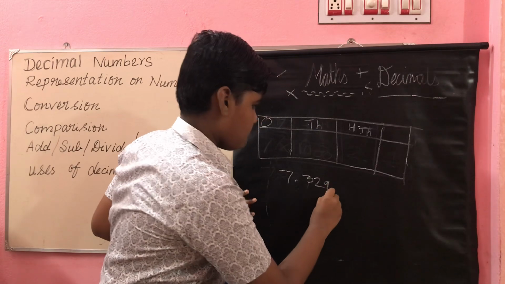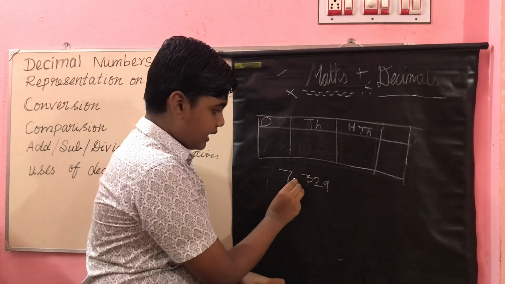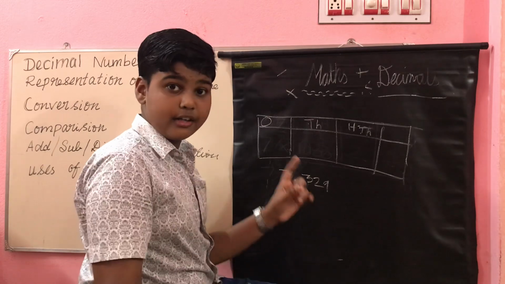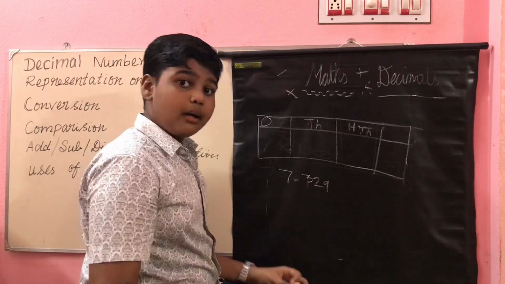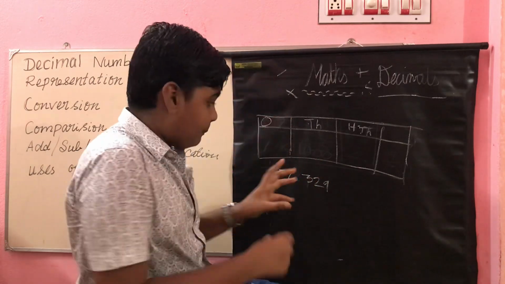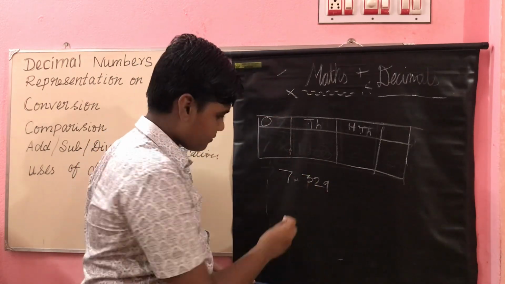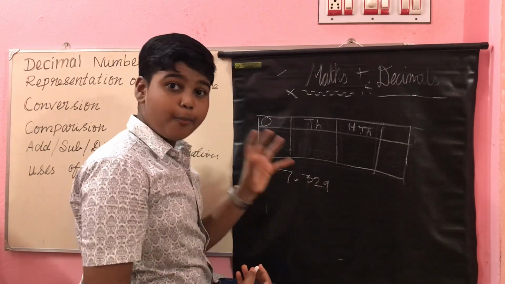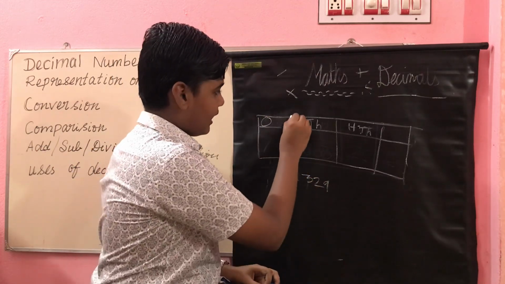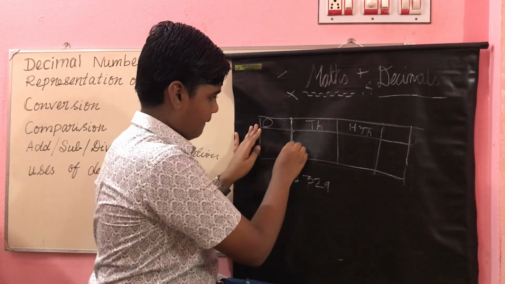7.329. It was 7,329, and you will be thinking that this is the old number. But here I have just put a small change. Do you know what that is? The point. Wherever you see that point, remember that there will be a separation.